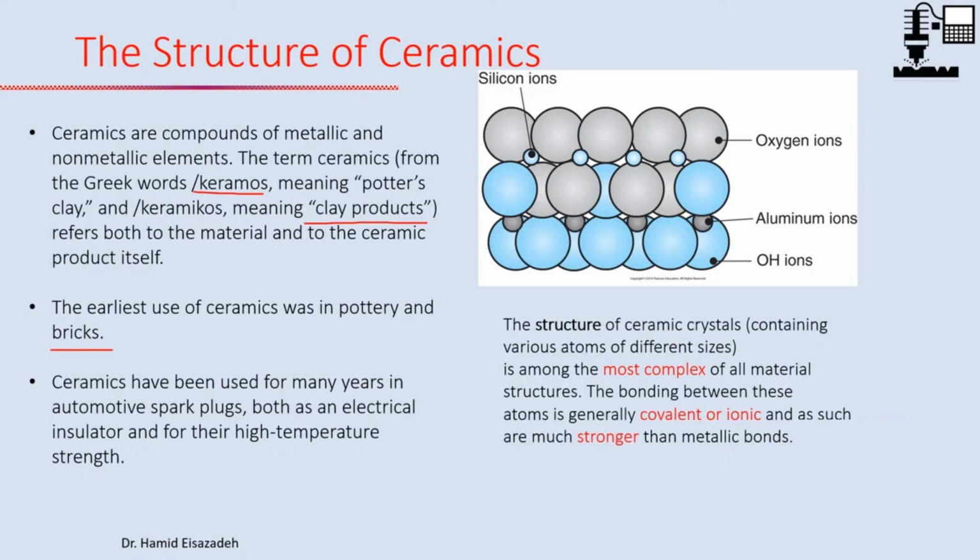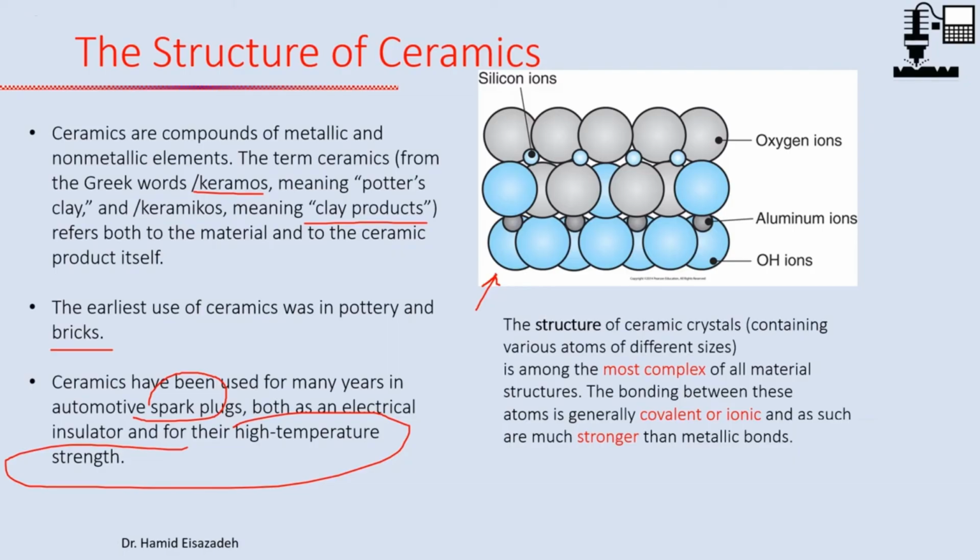Ceramic has been used for many years in the spark plug, because it's a good electrical insulator, as well as having high temperature strength. This picture shows the structure of a ceramic crystal. It's complex in terms of structure.